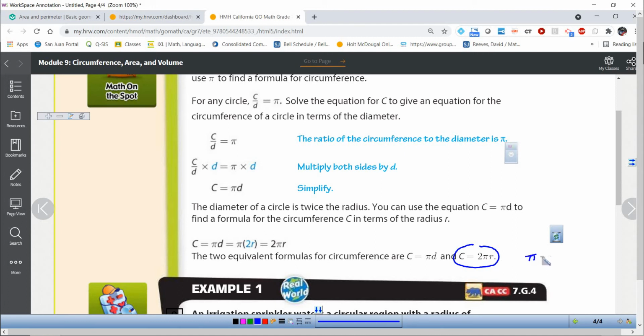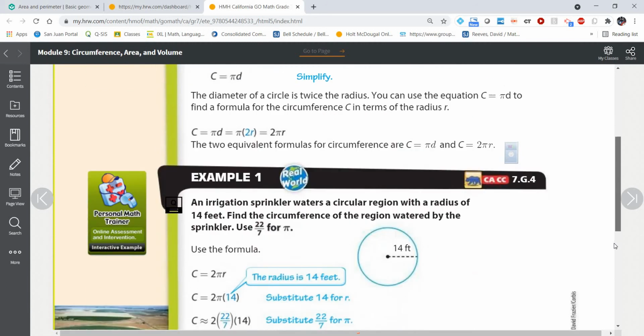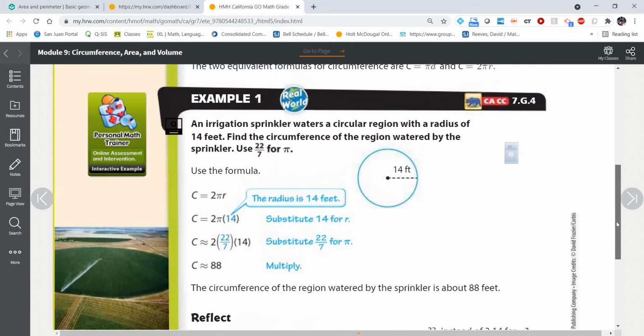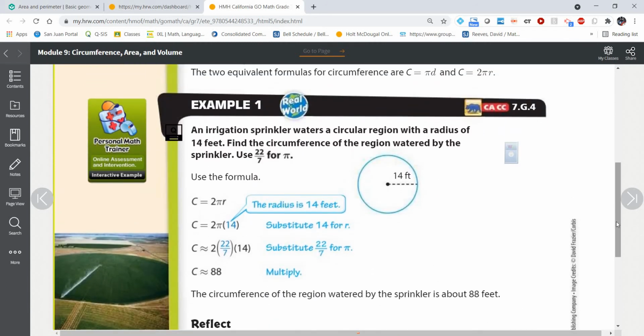Remember, what we have is pi times d, which would be pi times 2r, but then we normally move that 2 to the front, and we say 2 times pi times r. So there are two different ways to find the circumference: the diameter times pi, or twice the radius times pi.